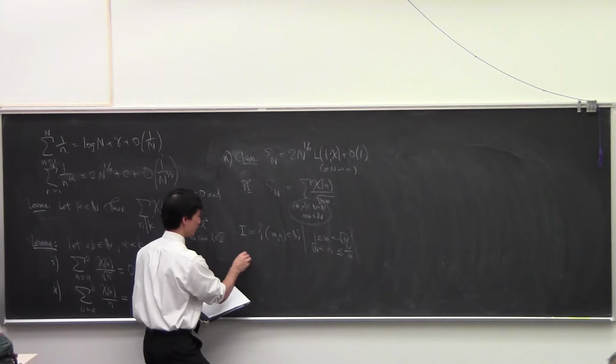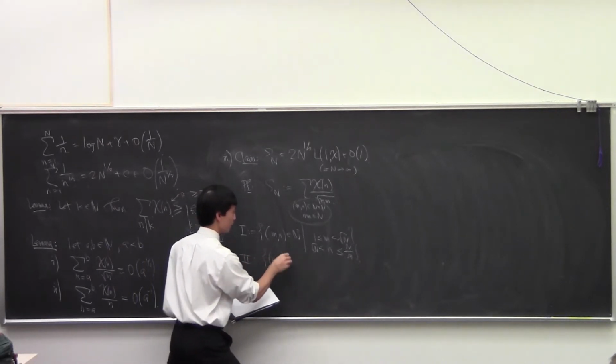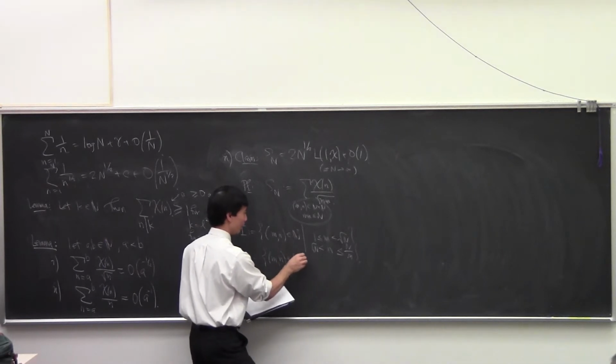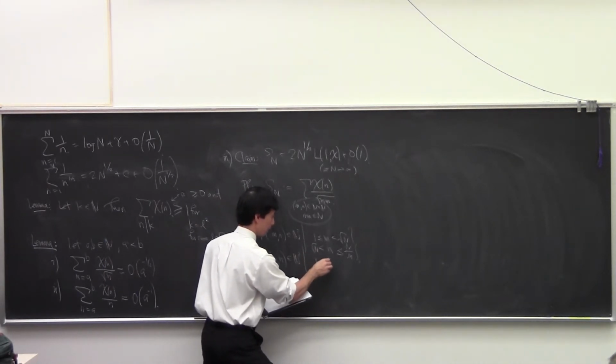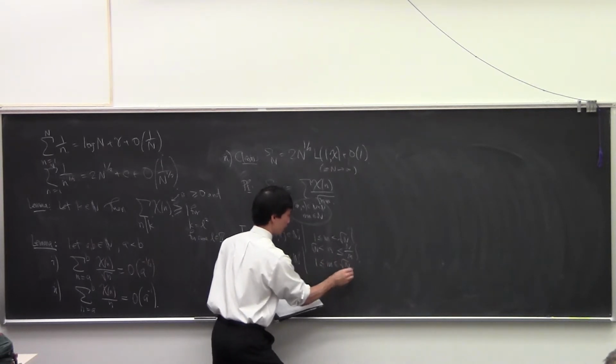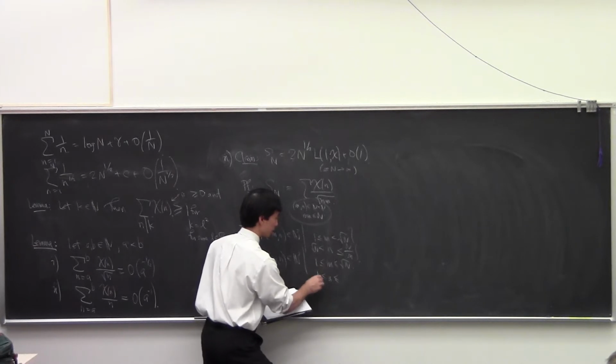The second region, I'll write them down and then I'll explain what they are. I guess you can see what they are. Again, m lies between 1 and root N, and so does n.